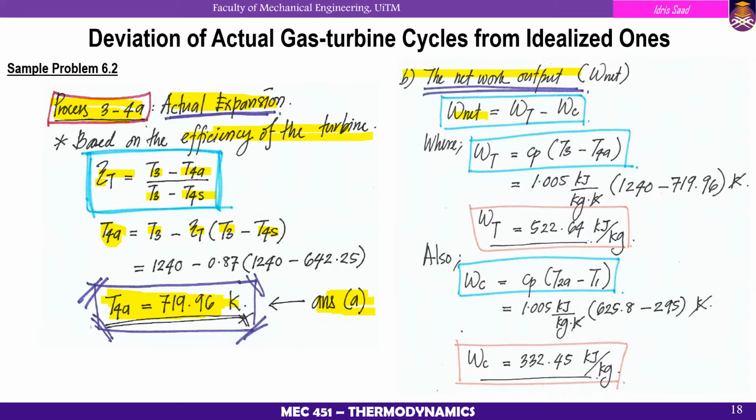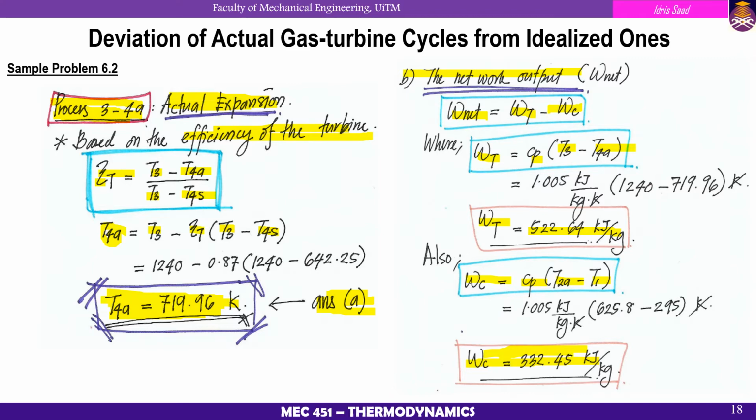Okay, so for B, we can now calculate the net work output. Work net is basically work turbine minus work compressor. Work turbine is equal to Cp (T3 minus T4A). Substituting the data, we get work turbine is equal to 522.64 kilojoule per kilogram. And work compressor is equal to Cp (T2A minus T1), which gives 332.45.